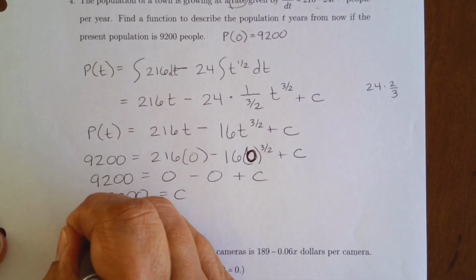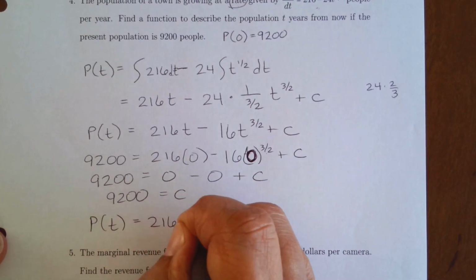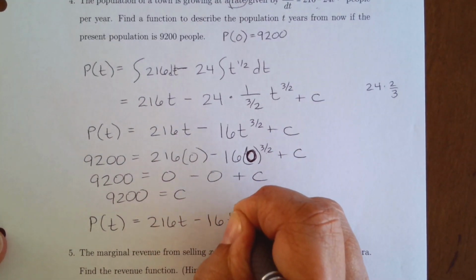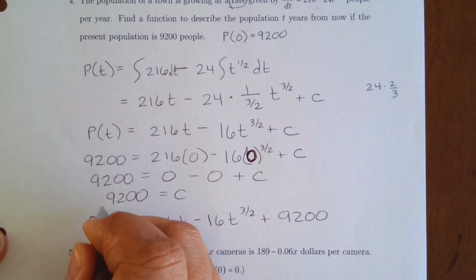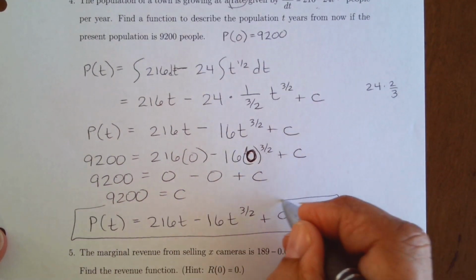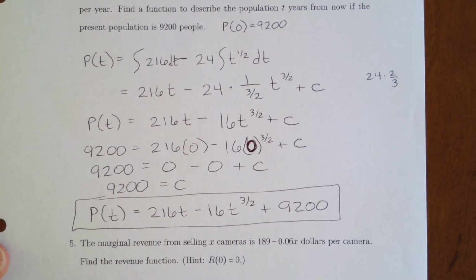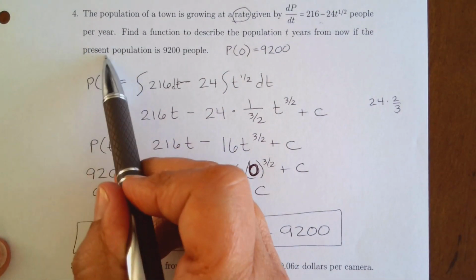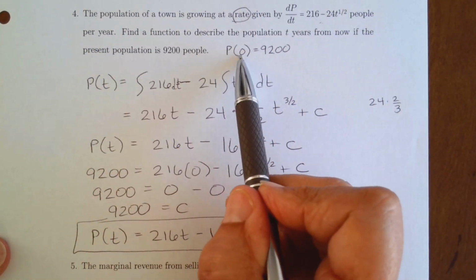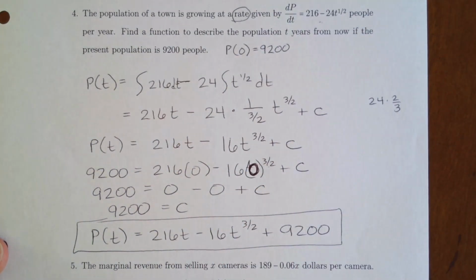So our function for population is 216t minus 16t to the 3/2 plus 9,200. Okay? You've got to pay attention to the fact that present means time is 0, and that's what the population was.